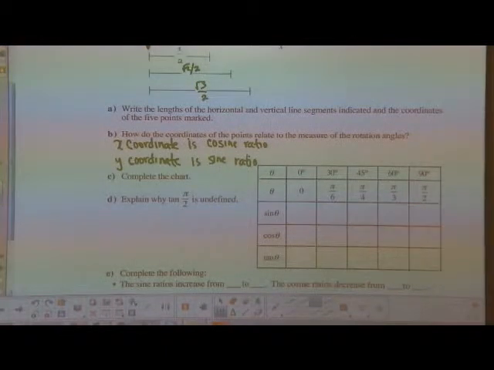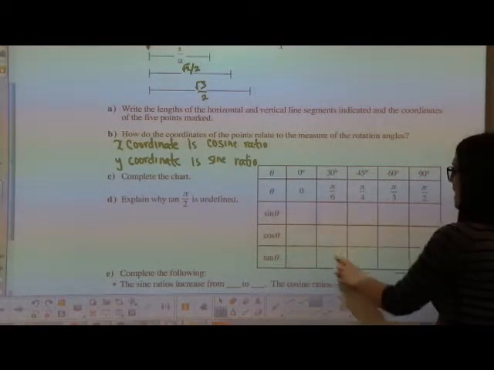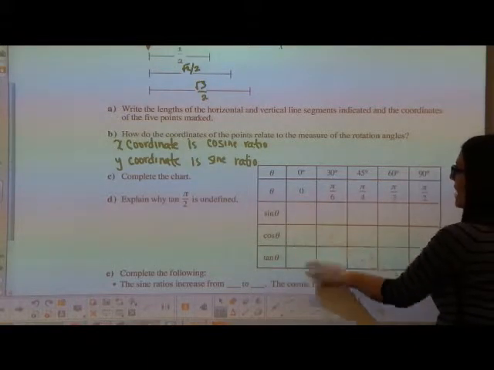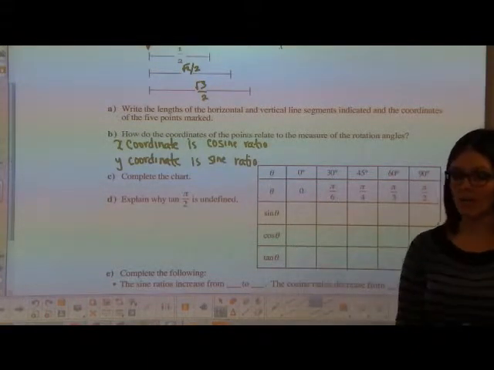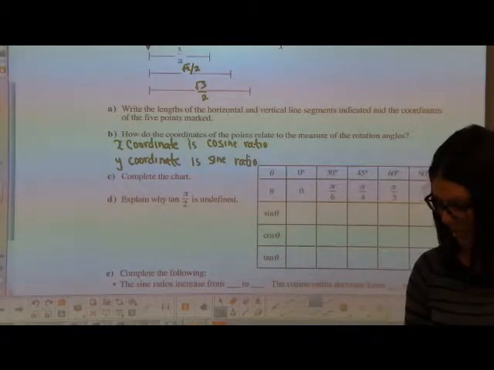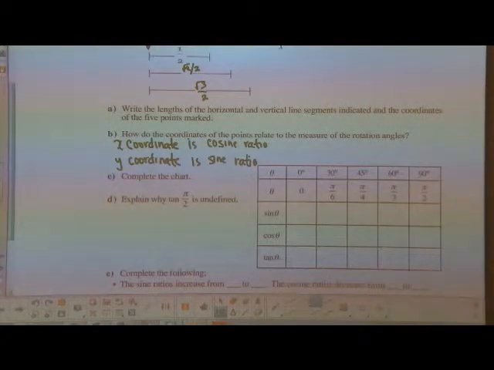So then we recreate the chart that was on the previous page, this part right in here, but then we add in the values for 0 and 90 degrees. So again, I'm going to give you a couple of moments to do that.